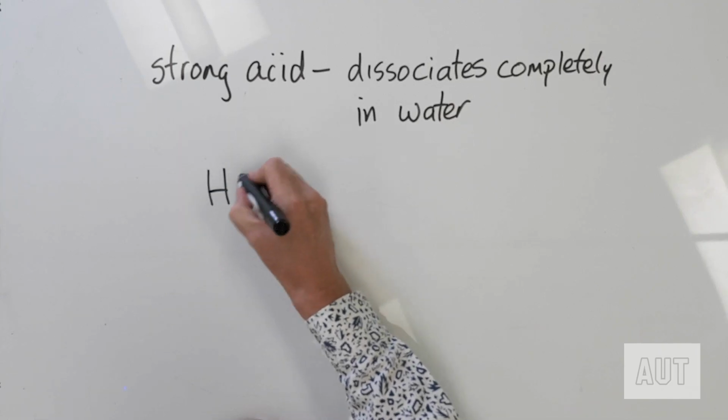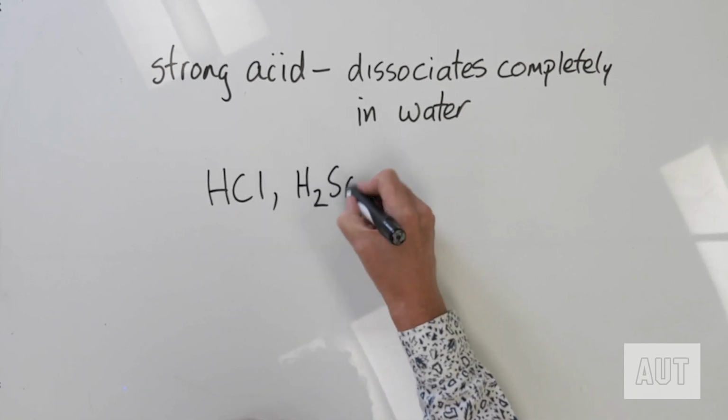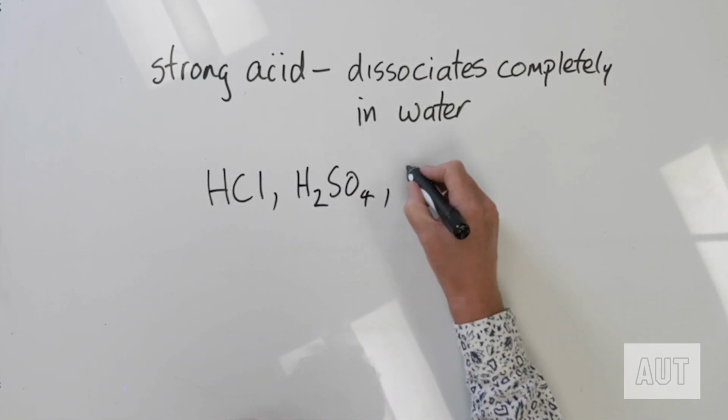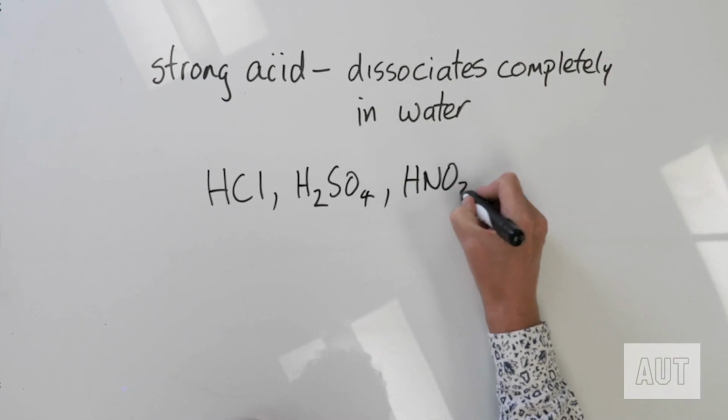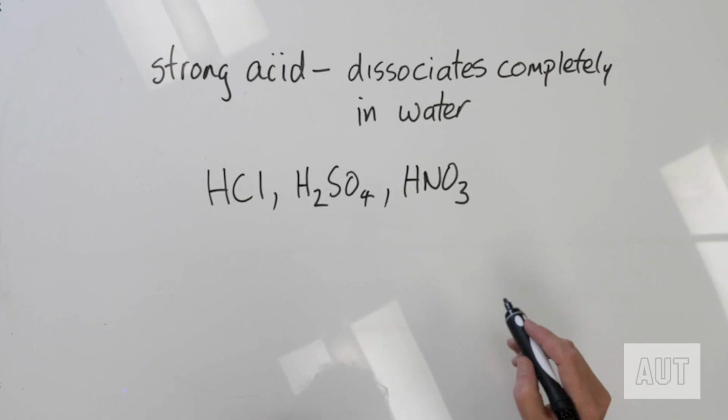So what are some examples of strong acids that you may have heard of? Well, things like hydrochloric acid, HCl, sulfuric acid, H2SO4, nitric acid, HNO3. They're probably the three biggies in terms of strong acids. Acids that when you put them in water will donate a proton completely to water.